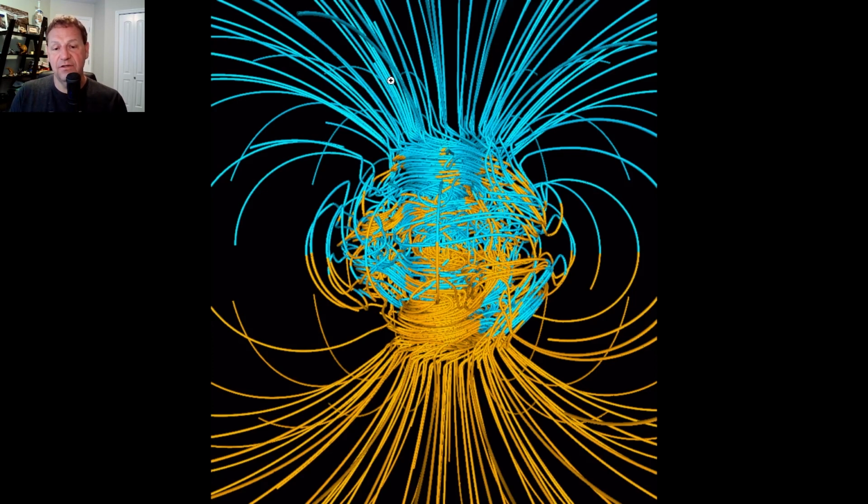So the geomagnetic poles are basically the mathematical average of all of those poles. If you're far enough away, you don't see all the individual strands. They just sort of get averaged out together, and that average theoretical axis is where it crosses the Earth's surface, the geomagnetic North and South Pole.